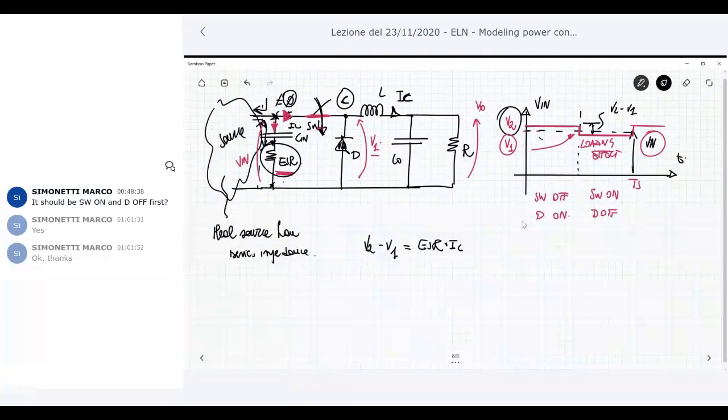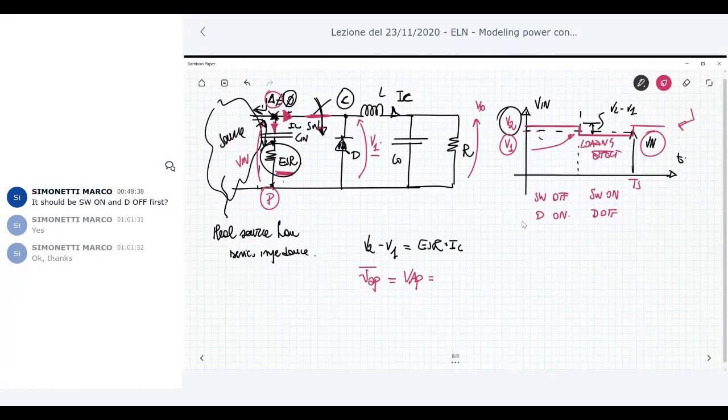The voltage between these two nodes, let me call them A as usual, and P here, is VAP. We are in steady state, so in DC, and VAP is the average value I'm interested in, the average of this voltage here.